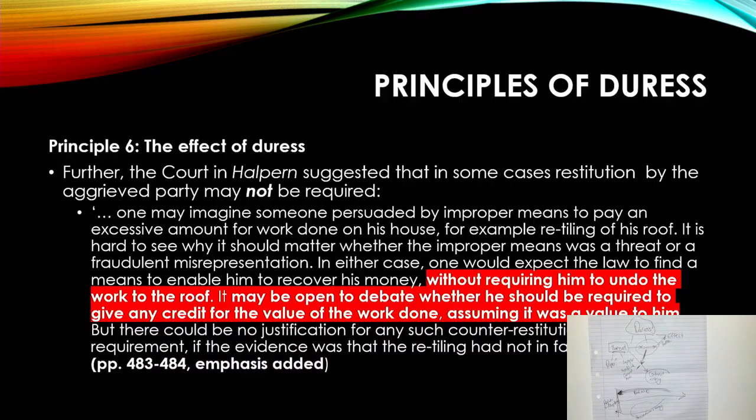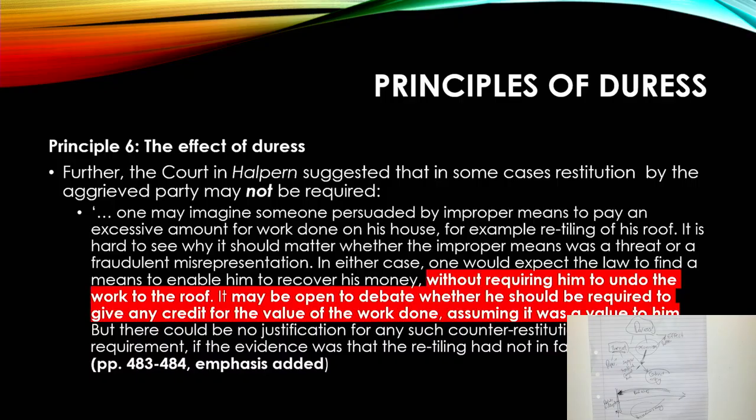And it seems that what the court is getting at is that it's impractical to require that person to rip out their roof and put back the old roof. Like, that's just not going to happen. Okay?